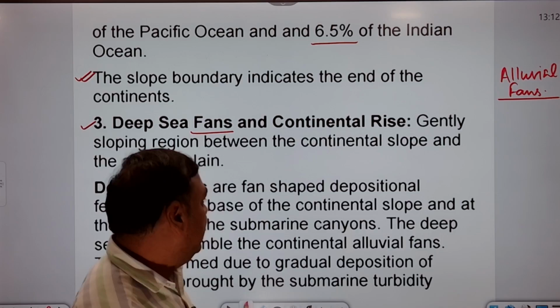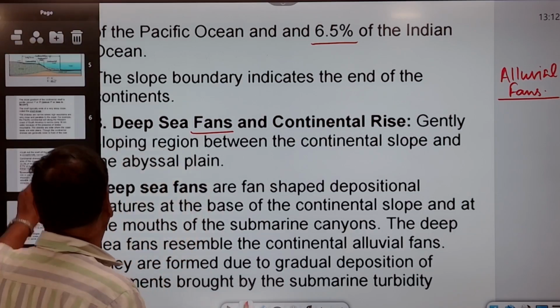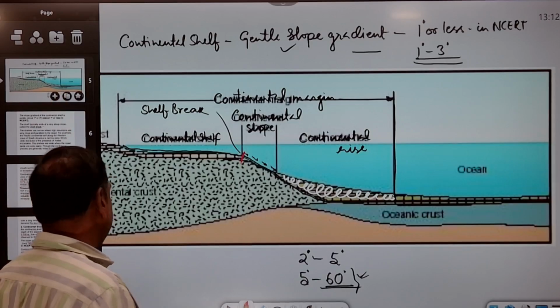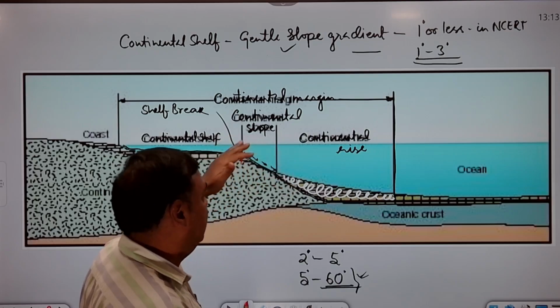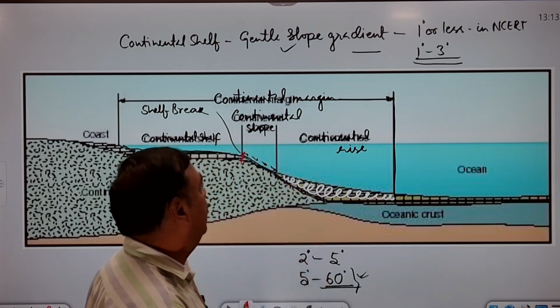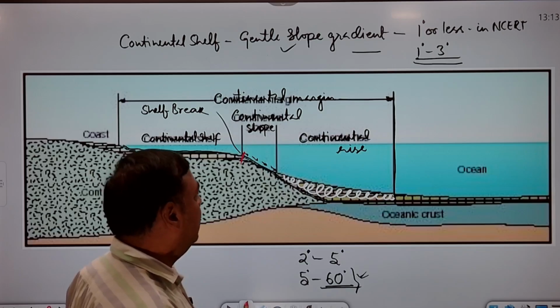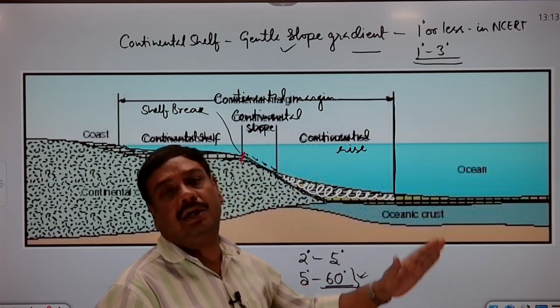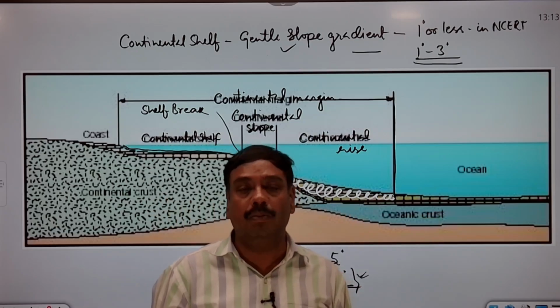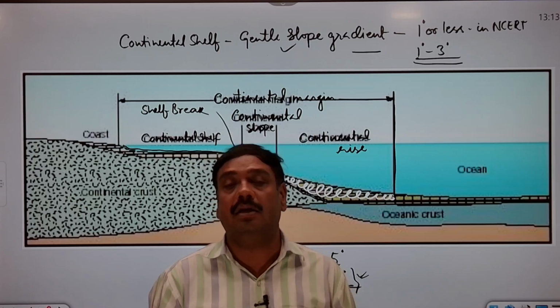In the same way, due to the steep slope gradient, the sediments were moving towards the bottom of the continental slope. Thereafter, far from the bottom of the continental slope, the slope gradient becomes gentle.